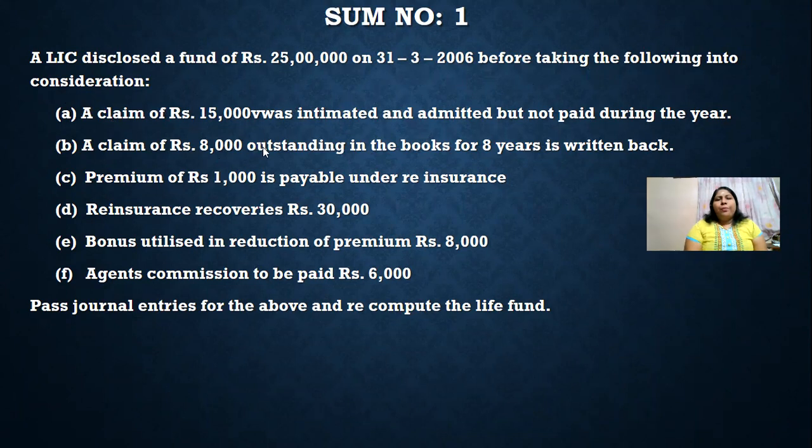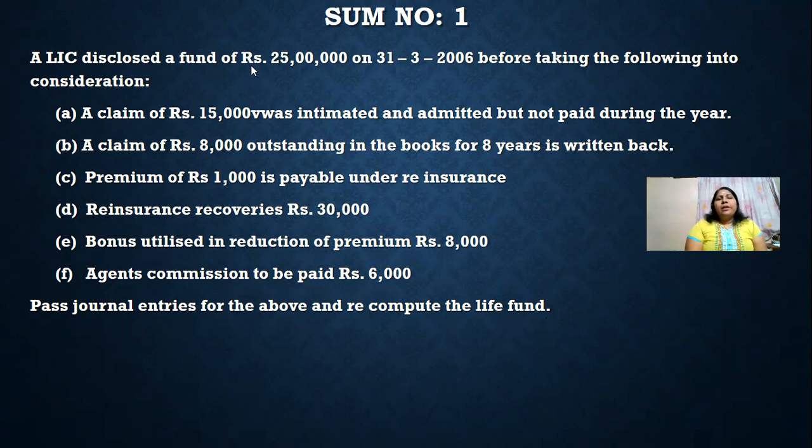A claim of rupees 8,000 outstanding in the books for 8 years is returned back. Premium of rupees 1,000 is payable under reinsurance. Reinsurance recoveries 30,000. Bonus utilized in reduction of premium rupees 8,000. Agent's commission to be paid is 6,000. The question is: pass journal entries for the above and recompute the life fund.